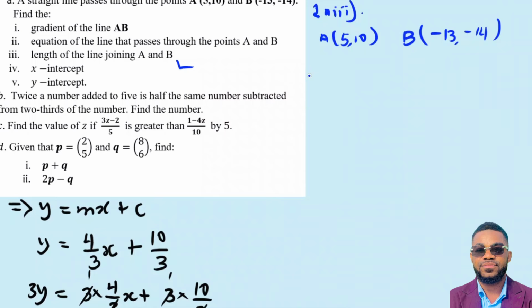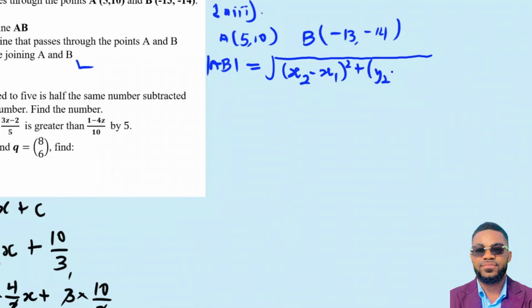Now, the magnitude or the length of the line joining A and B is going to be like this. You can just say the magnitude, that is a simple way to write magnitude. The magnitude of AB, which is the same as the length of the line joining A and B, is equal to the root of (x2 - x1) all squared plus (y2 - y1) all squared.